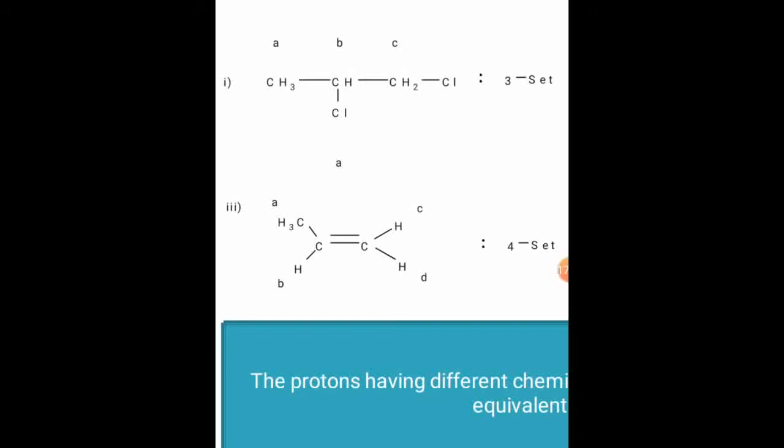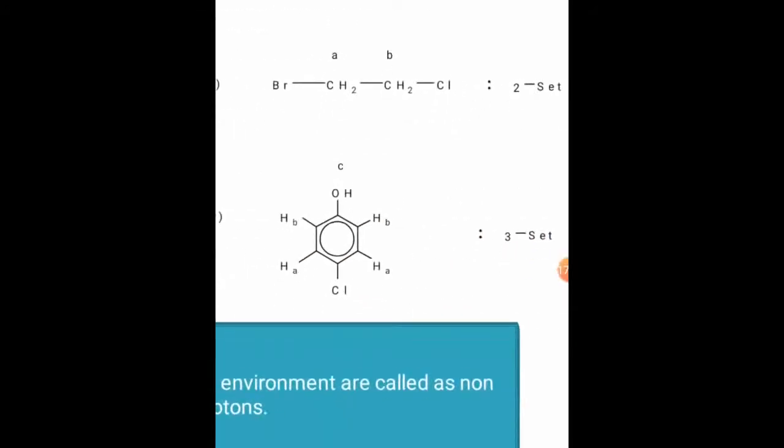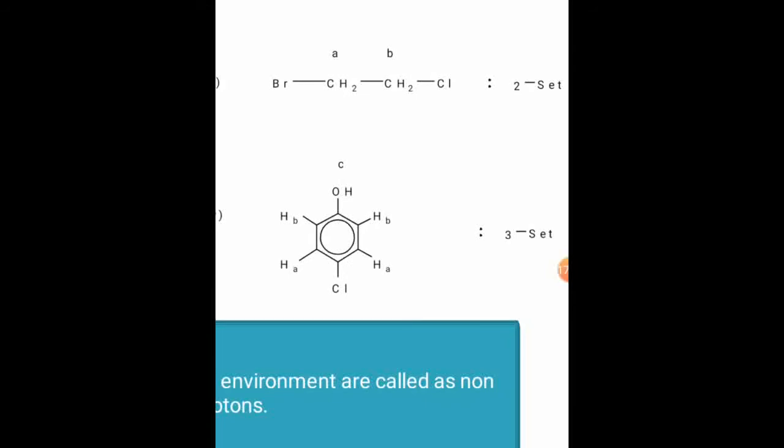So there are three sets of protons in 1,2-dichloropropane, and we get three peaks on the NMR scale for this compound. The second example is 1-bromo-2-chloroethane, in which there are two sets of protons because one CH2 is linked to the bromine and another CH2 is linked to the chlorine atom.